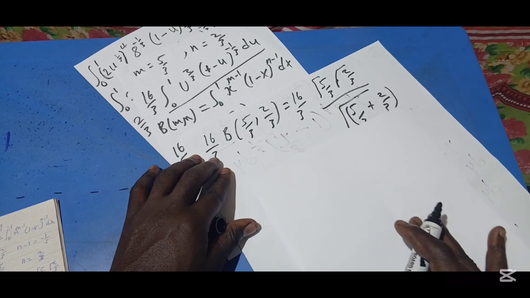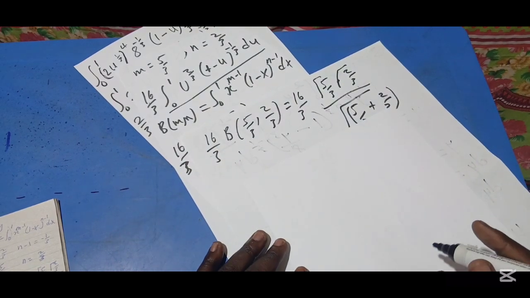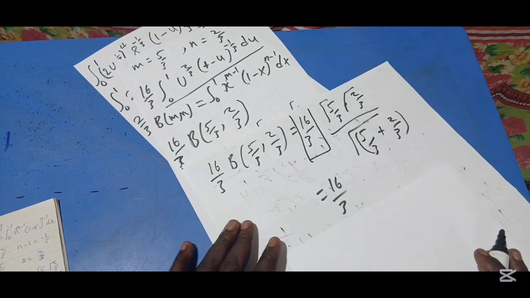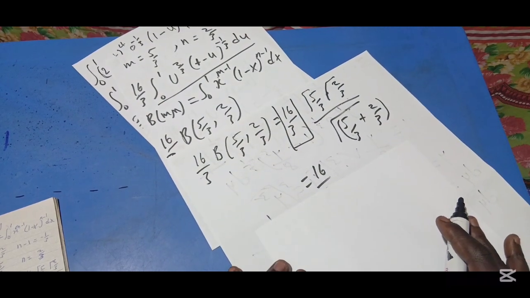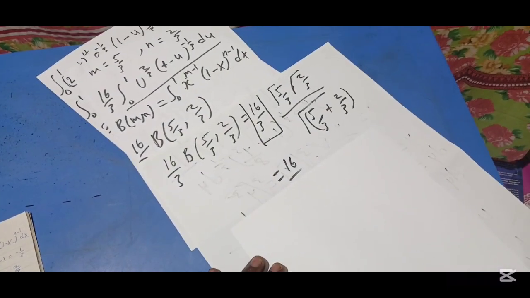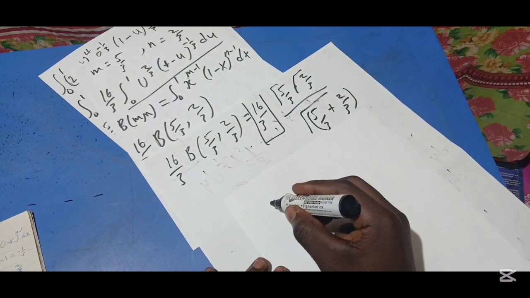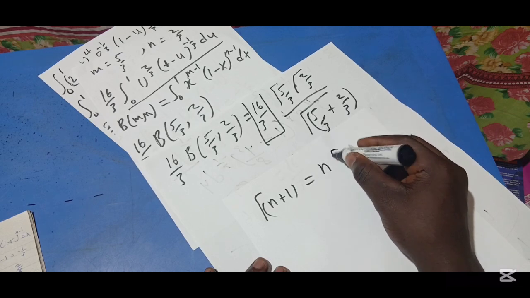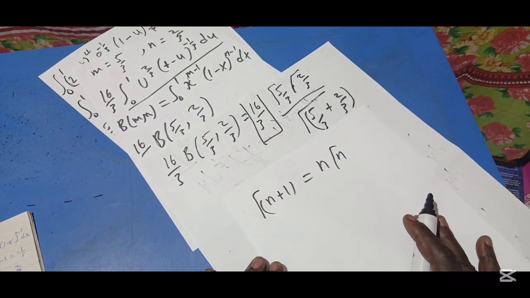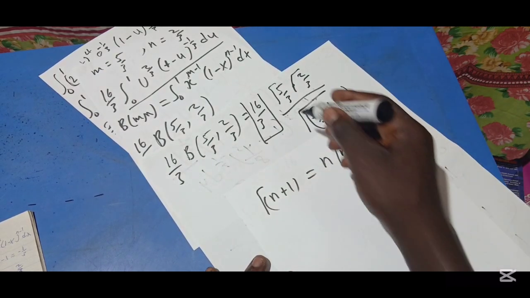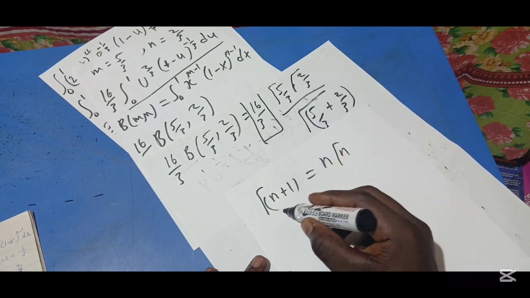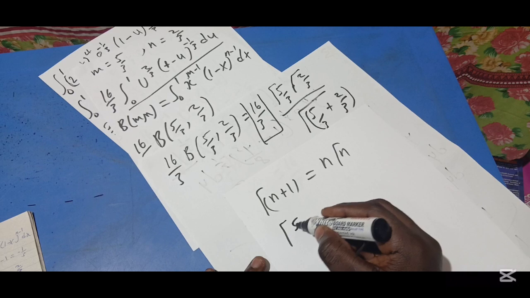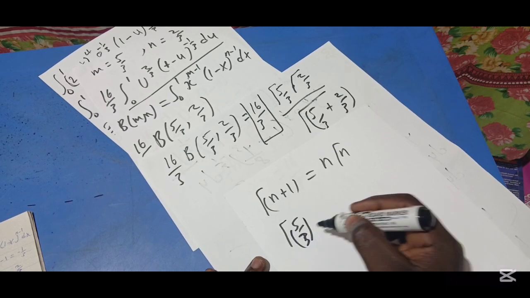So we are trying to express this in the form of, now let's keep 16 on 3 aside for now. So if we have gamma of n plus 1, it should be equal to n gamma n, that is for fractions. So we are trying to look for a value that if we add 1 to it gives us 5 on 3, that is if we are solving for gamma 5 on 3.